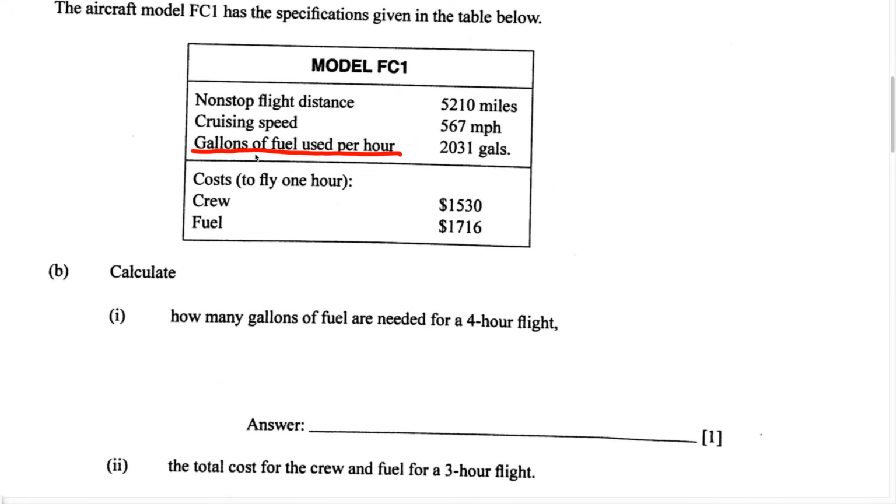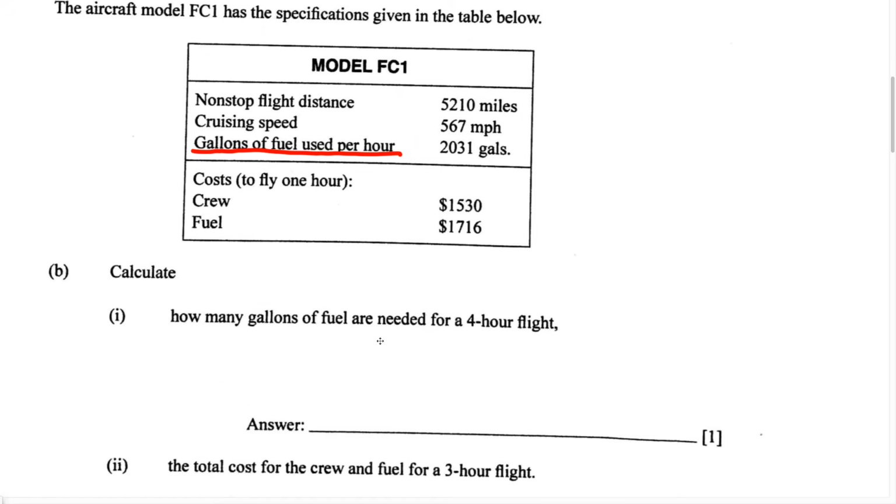The number of gallons of fuel used per hour is going to be 2,031 gallons. Because they give us how many gallons are used per hour, in order to find how many gallons are used for 4 hours, we're just going to multiply the amount of gallons per hour by 4.